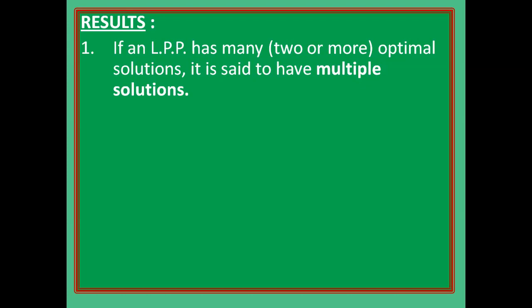Two or more optimal solutions: in the previous slide we understood in what way the optimal solution is found. If it is a maximization problem, the corner points evaluated in the objective function z will give different sets of values, and their maximum is the optimal solution.